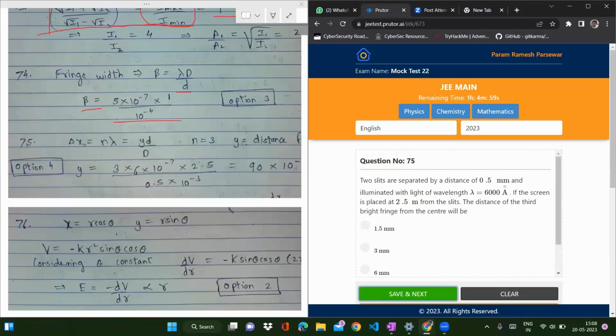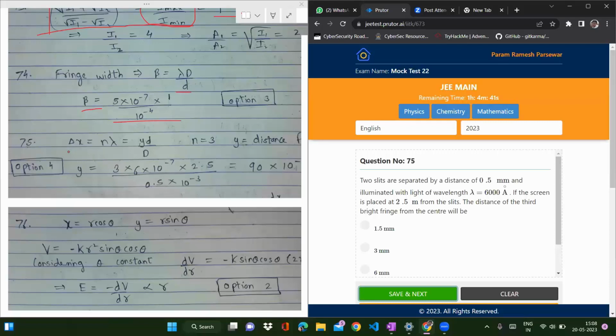We have delta x, the difference between the distance traveled by the waves, which should be equal to n lambda for constructive interference, or for the bright fringe to form.